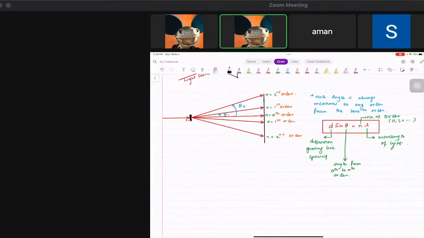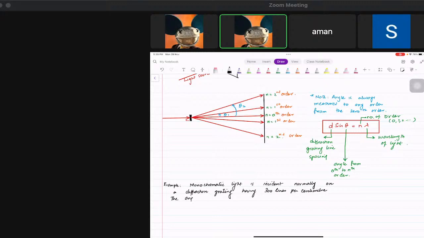So the very first question says: monochromatic light is incident normally, that means it's at 90 degrees, on a diffraction grating having 300 lines per centimeter.